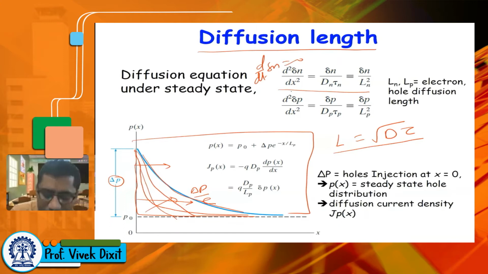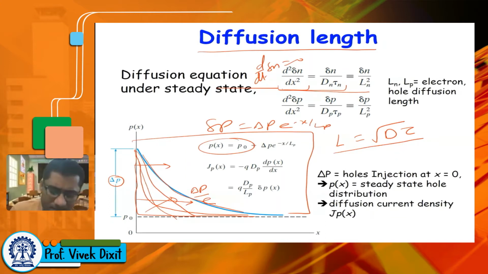So you will only have terms such as D times d²Δn by dx² and Δn by τ recombination, right? And they will be equal. So basically, if you solve this equation, you can write Δp is equal to capital ΔP e to the power minus x by Lp.